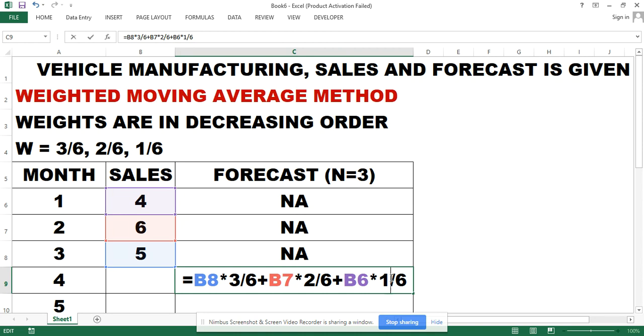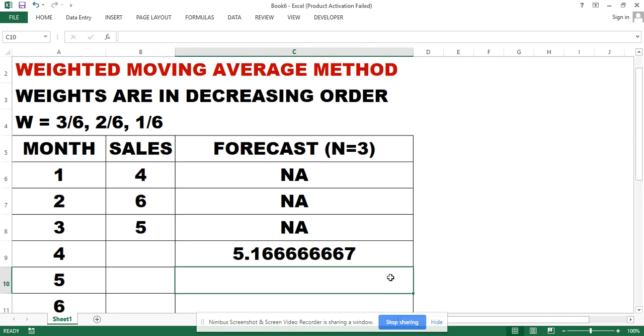And let's see how it enters. It's showing 5.166, 5.17, right?